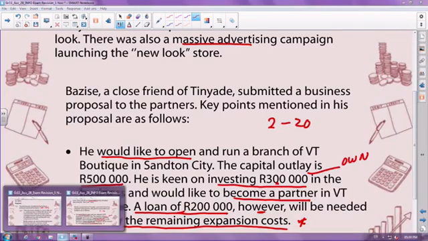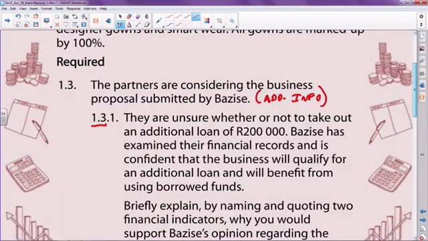Let's now go to the actual question. The question that is given: they, referring to the current partners, are unsure whether or not to take out an additional loan of 200,000. Bazi has examined the financial records and is confident that the business will qualify for an additional loan and it will benefit from using borrowed funds.